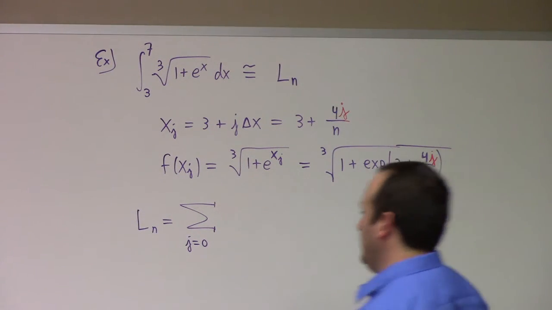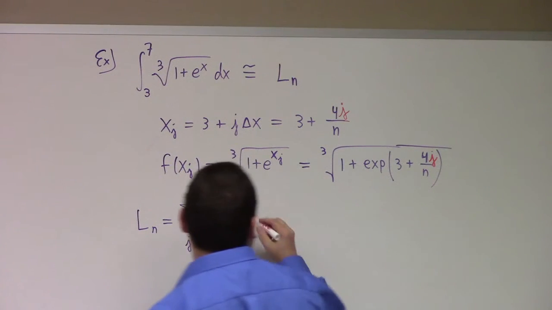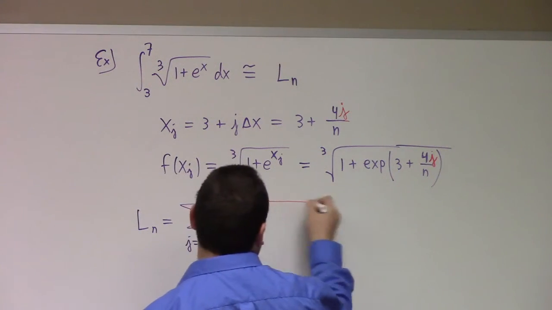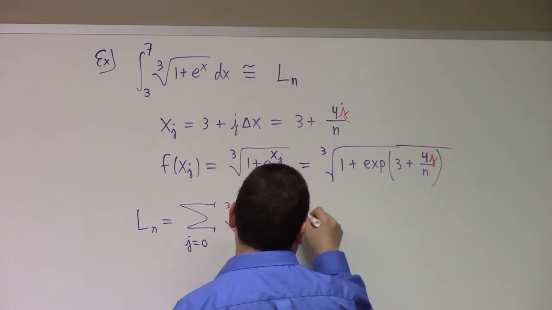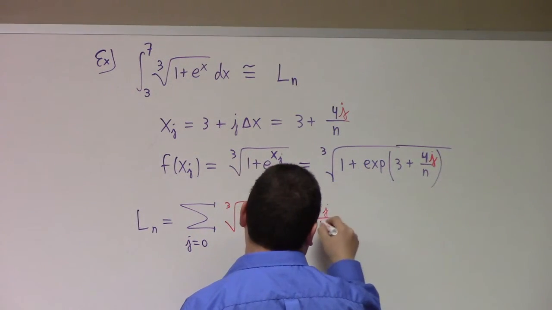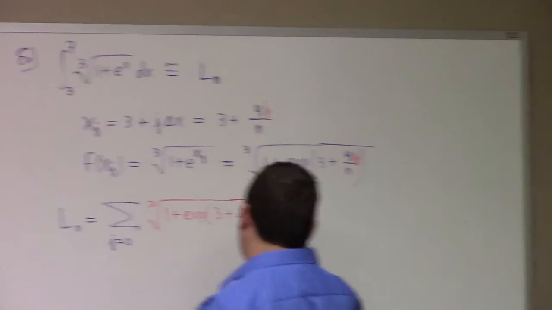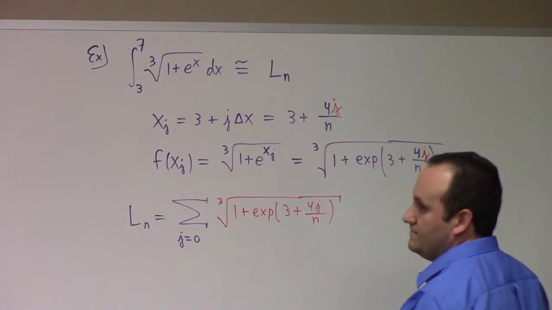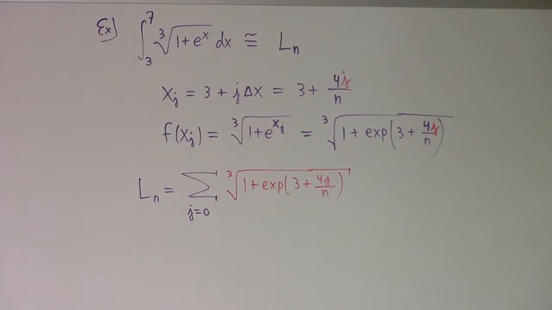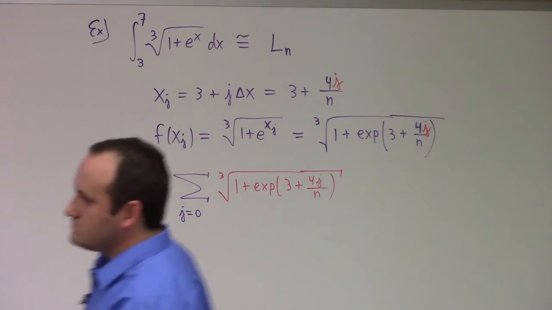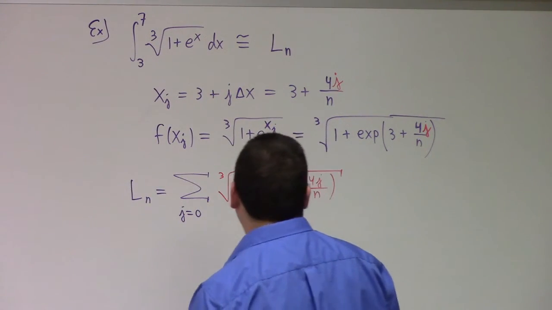So the left endpoint rule of order n says I'd look at f of the cube root of 1 plus the exponential of 3 plus 4 times j divided by n, right? And then times what? That's just the height. You still have to multiply by the delta x.